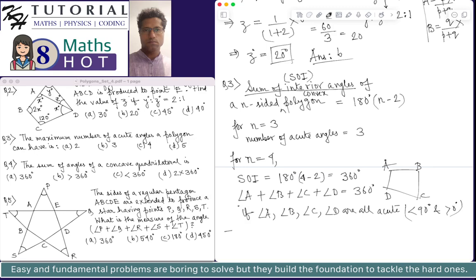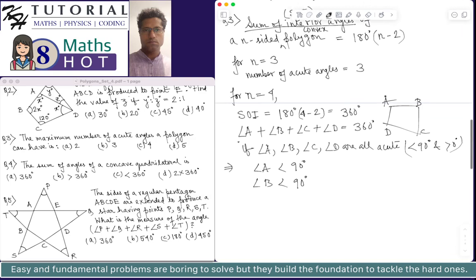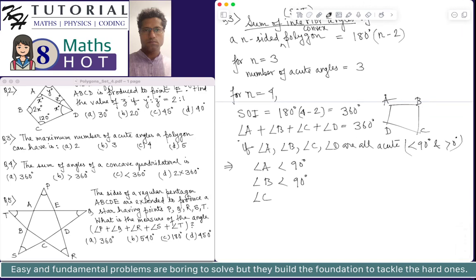So this will imply that angle A will be less than 90 degrees, angle B will be less than 90 degrees, angle C will be less than 90 degrees, angle D will be less than 90 degrees.